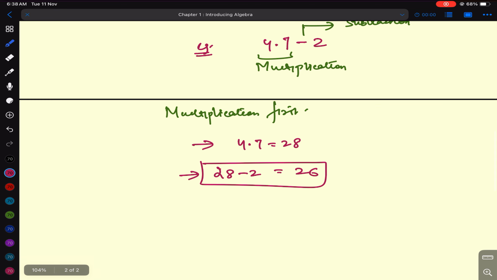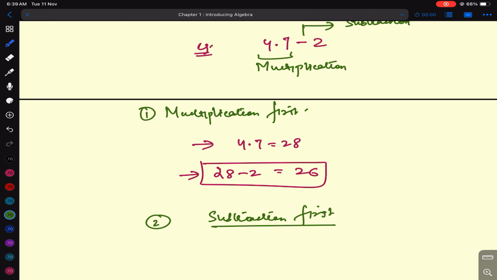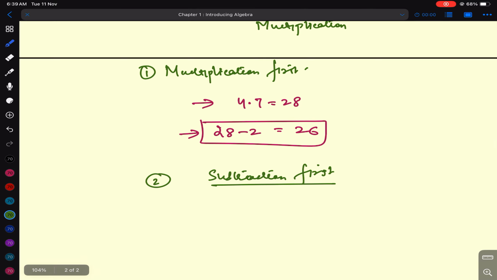So here 4 times 7 is going to be 28, and then we perform the subtraction. That gives us 28 minus 2, and that is 26. Now suppose this would have been otherwise, let's say if we perform the subtraction first and multiplication later, we will see how this changes the answer.